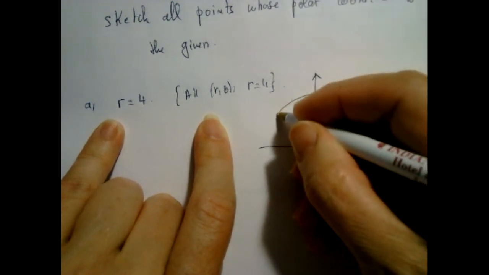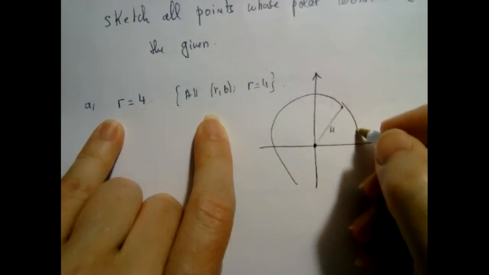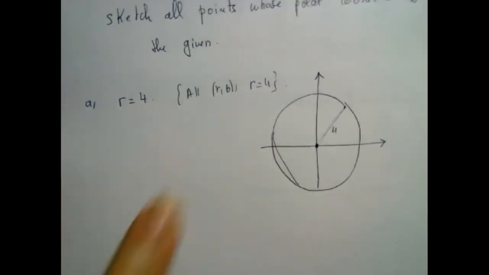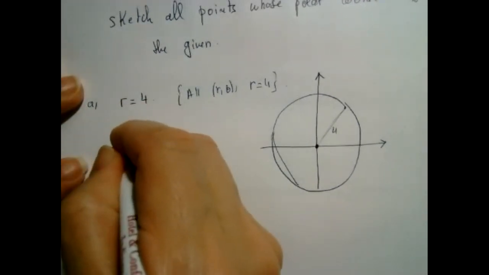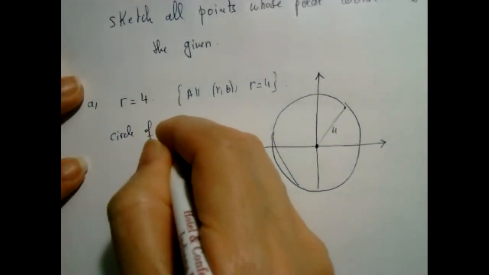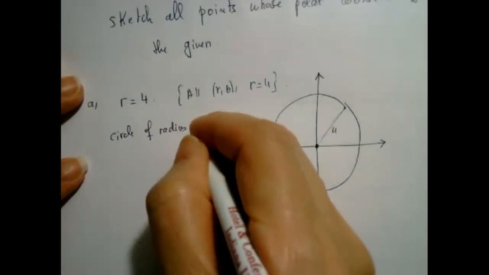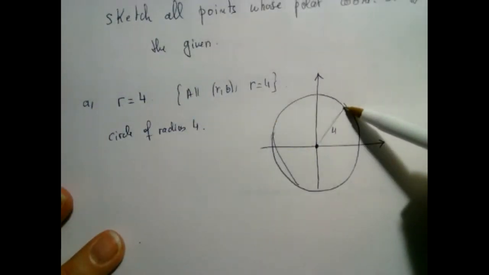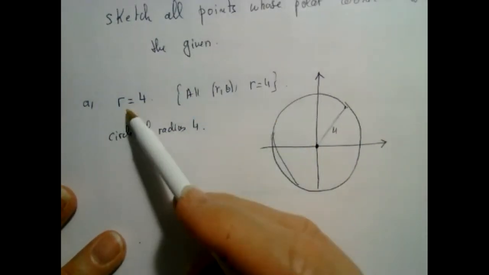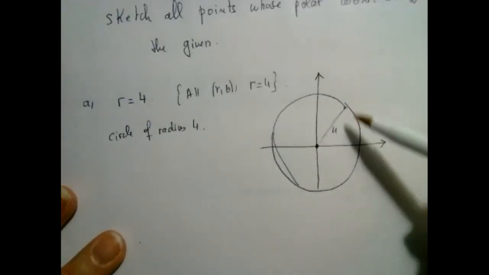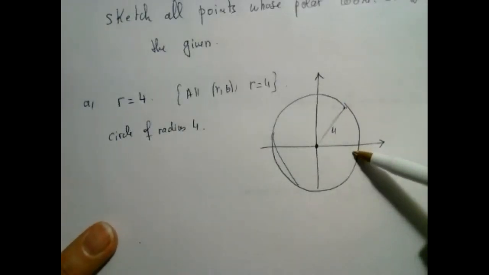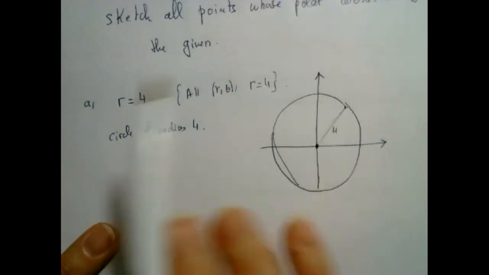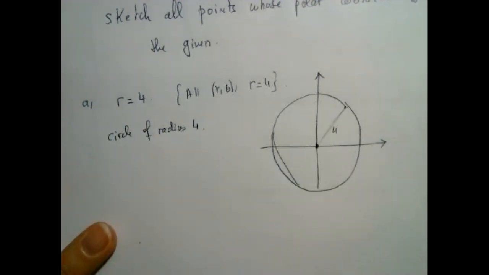This is nothing more than a circle of radius 4. So if I express points in polar coordinates, it's very easy to represent a circle. r equals 4 represents a circle.